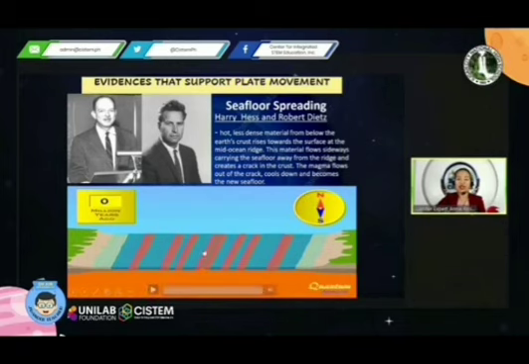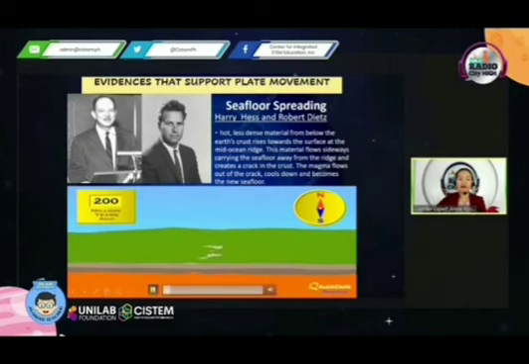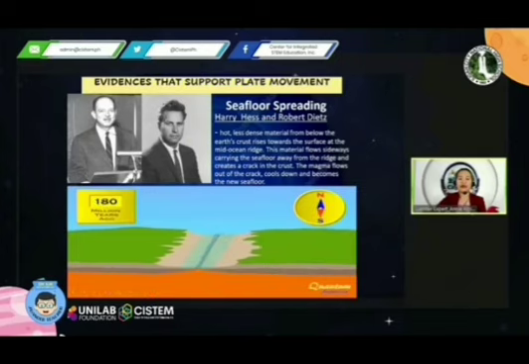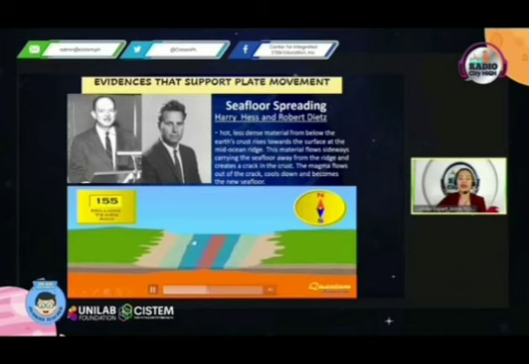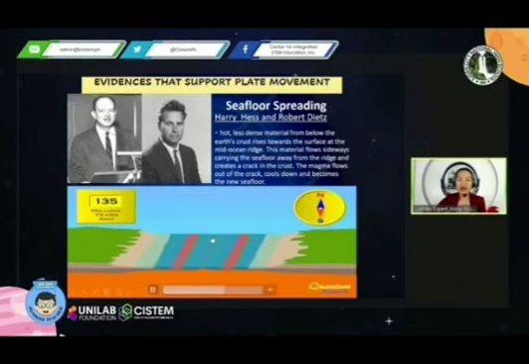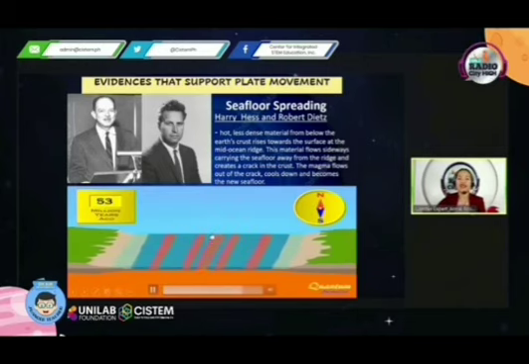We call it magnetic reversal. That one again. So ito talaga yung hindi na-explain ni Alfred Wegener, bakit nag-move ang mga continents.